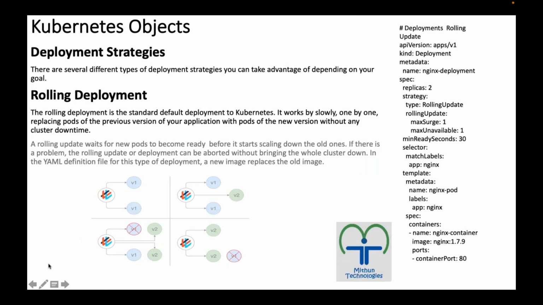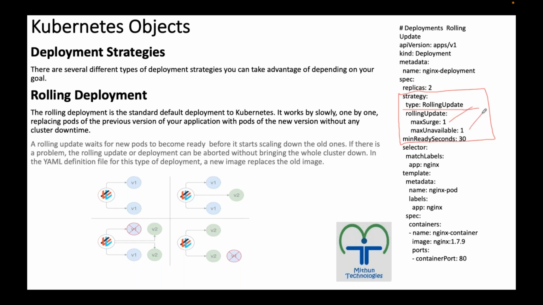Like how many pods can be down when I am doing the update? Strategy with all these customizations. So I can do something like this. Strategy rolling update. What do you mean by max surge, max unavailable?